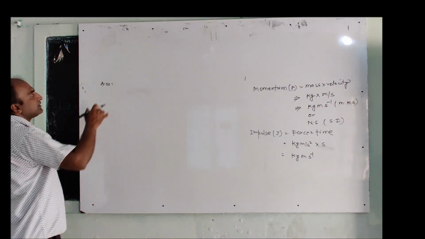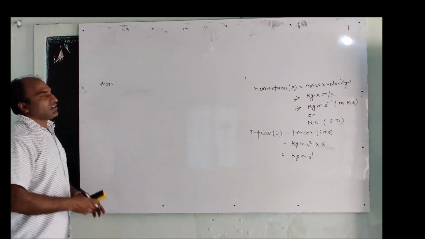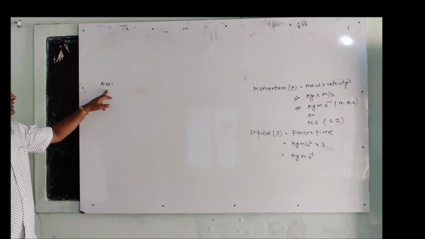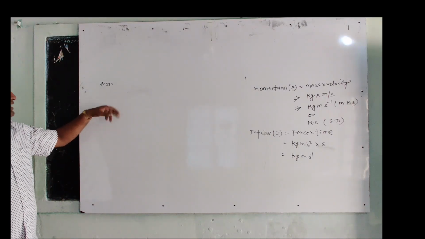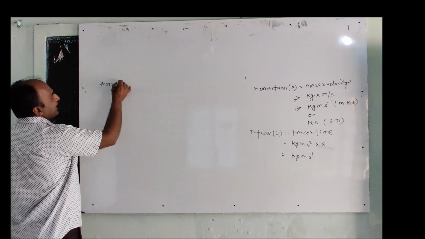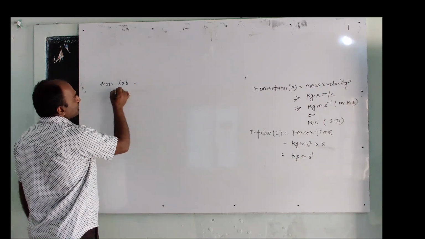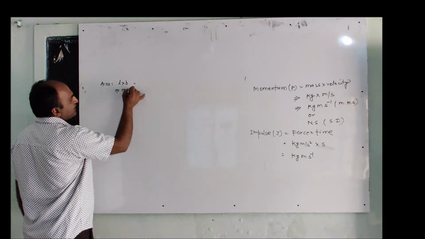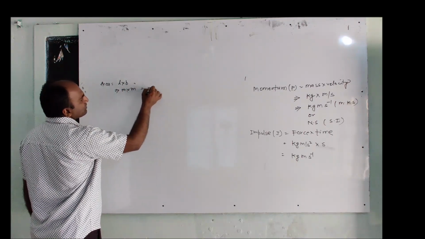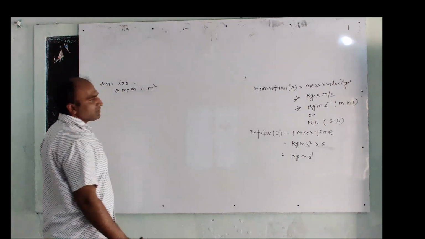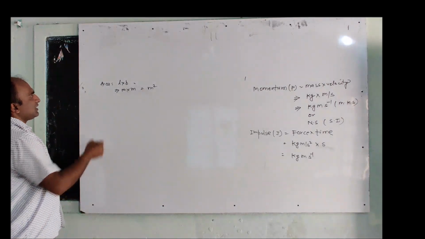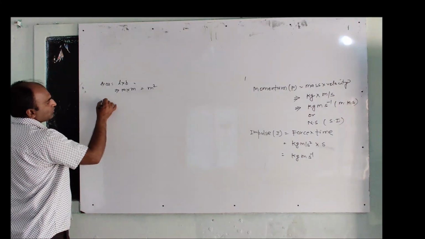Then what is area? It is a multiplication of two dimensions, just like length and breadth. So area equals L into B. Length is expressed in meter, breadth is also expressed in meter. This gives meter square, or square meter. We say square meter area. Then volume.